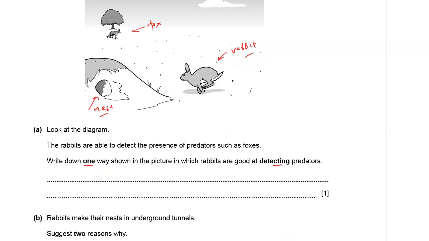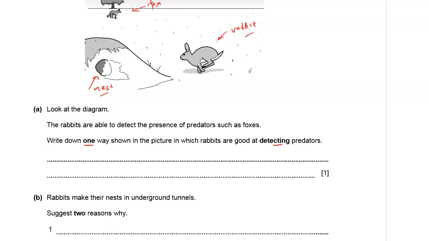Okay. You can see the eyes of the rabbit. The eyes on the rabbit are on the sides of the head for all-round vision. So that's how they see them.